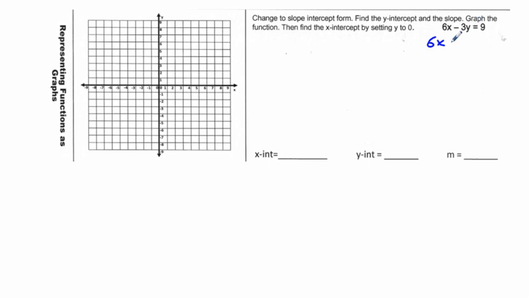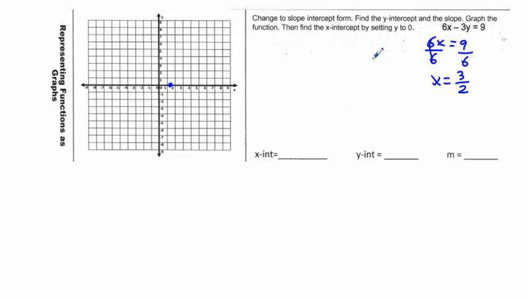So if we say 6x equals 9, we are able to find the x-intercept. We divide by 6, simplify. x is equal to 3 over 2. So that's if y equals 0. So we can just put 3 over 2, which is 1.5, right here.